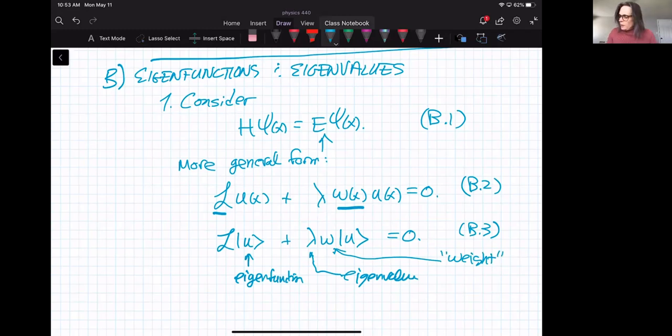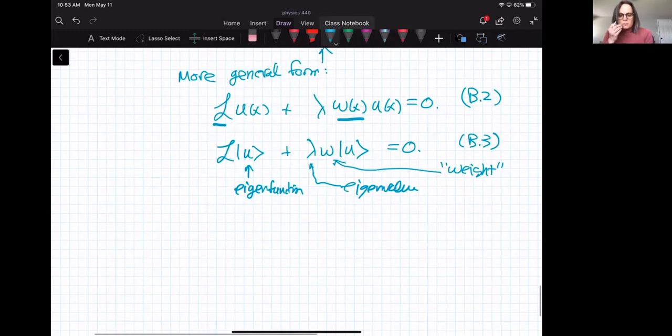Okay. Why do we need a weight function? What's the weight function actually used for? I'm sure you've seen weight functions in quantum, but they may not have been called that explicitly.